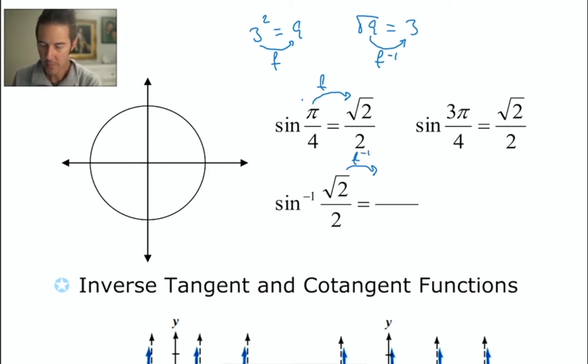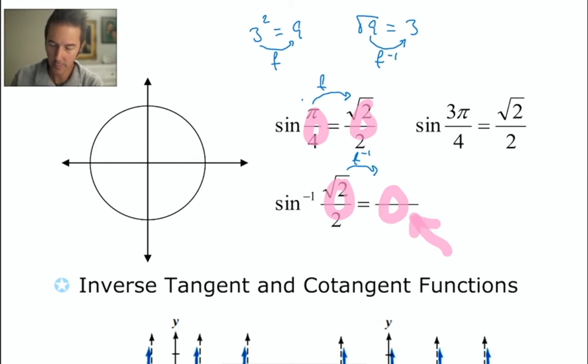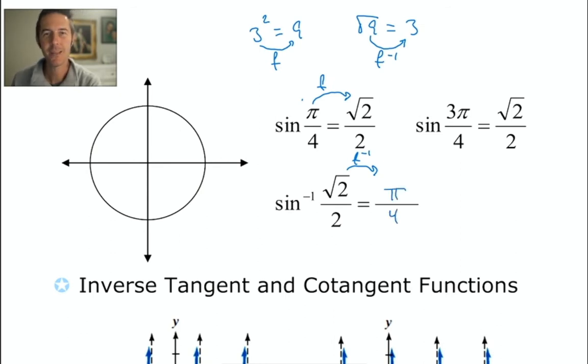Now we're going from the range back to the domain, domain to range. Range should go back to domain. So this should be a pi over 4. And guess what? It is. I love it when things work the way they're supposed to.